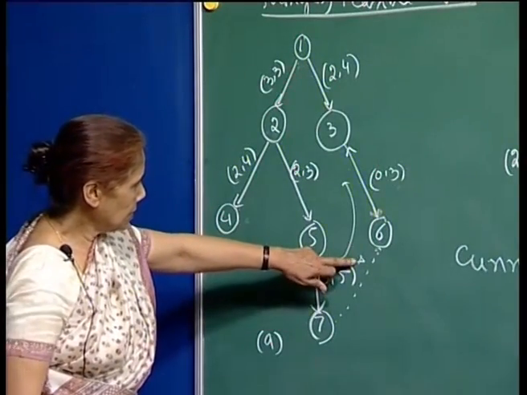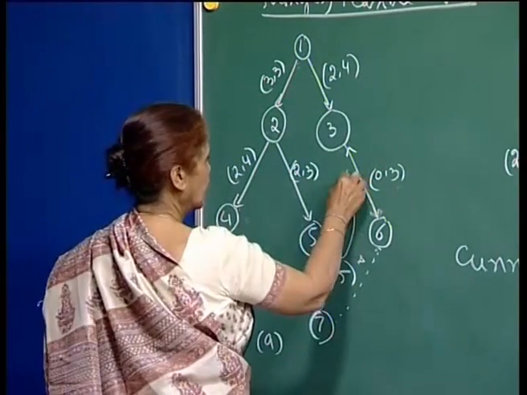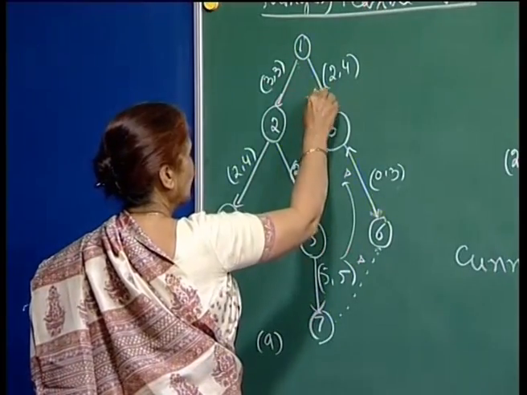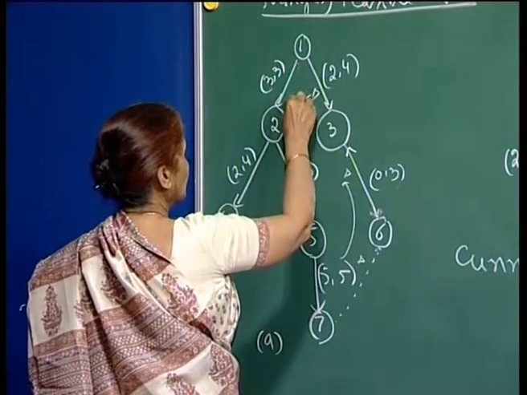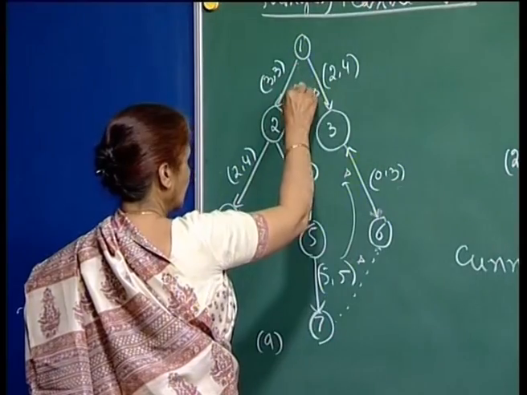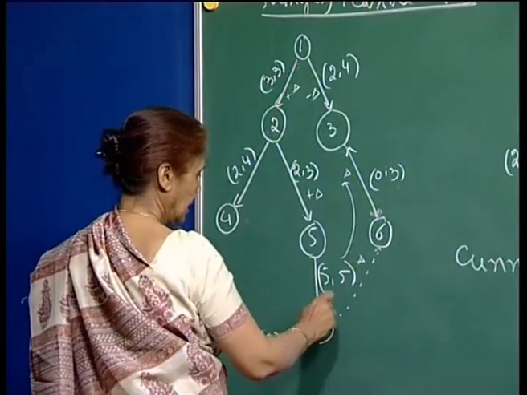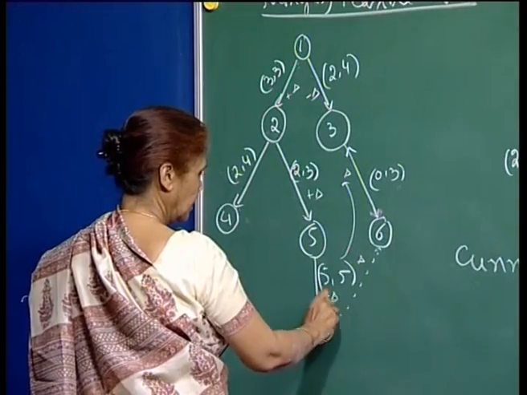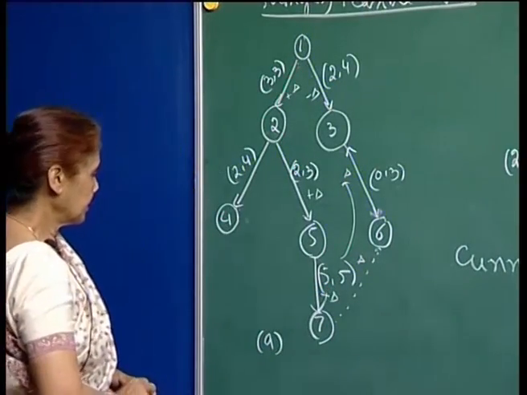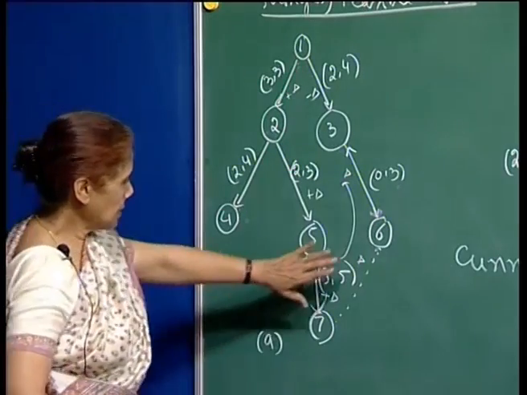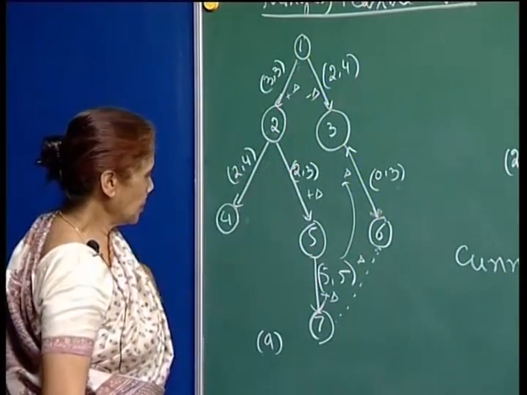Now, this increases by delta, then here it will be plus delta, this will be minus delta, this will be plus delta, because it has the same orientation, this will be plus delta, and this will be plus delta, right. So, if this is an incoming arc, then this is what you have.